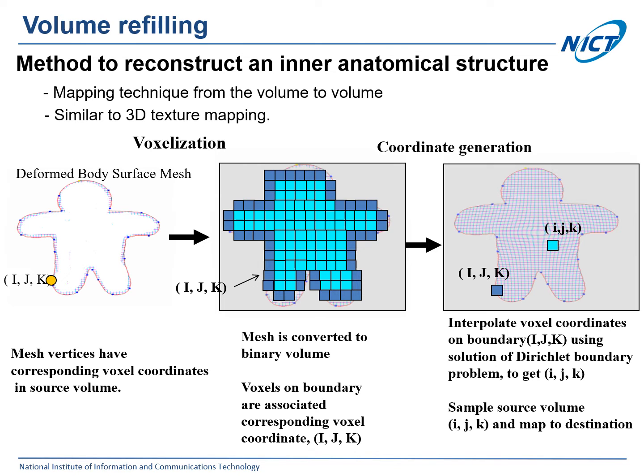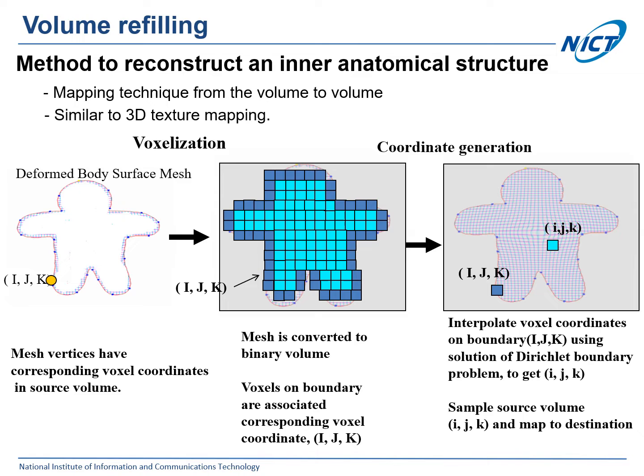As shown in the left figure, we can obtain the deformed body surface mesh, fitted to the body surface, in step 1. And the mesh vertex of the deformed body surface mesh has the corresponding voxel coordinate ijk in the source volume.